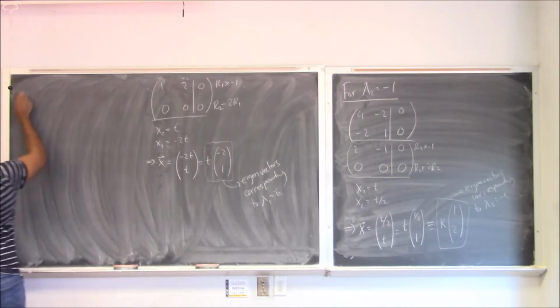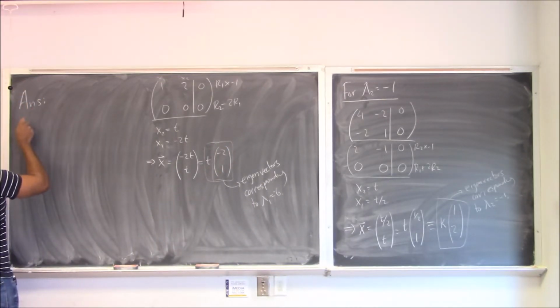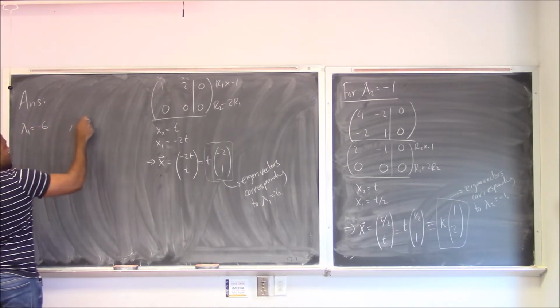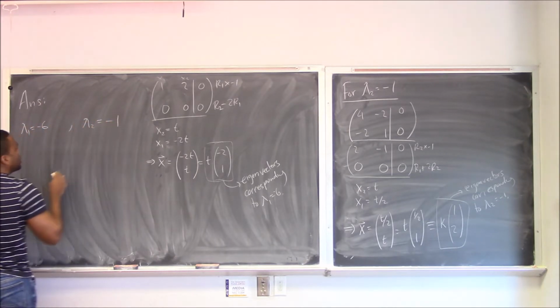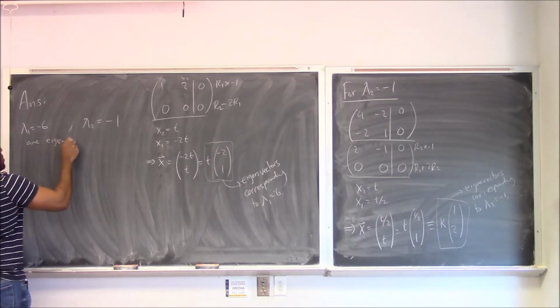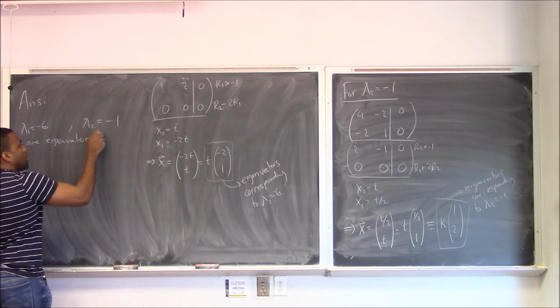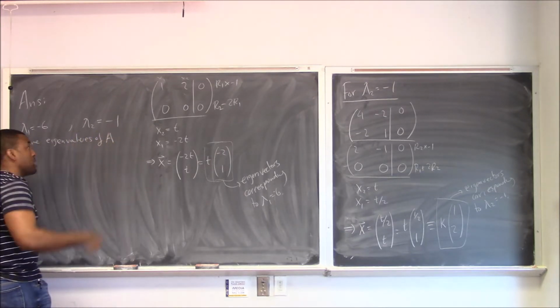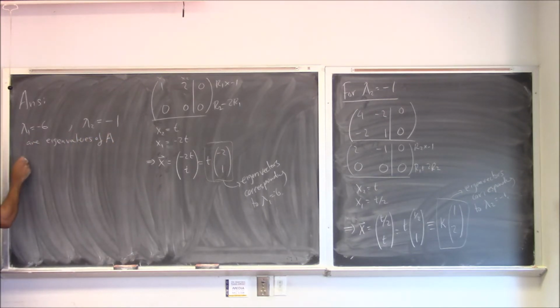So I'll just write the answer here as a summary. We have lambda 1 equals minus 6 and lambda 2 equals minus 1 as eigenvalues of A, the specific A that I mentioned at the beginning of this problem. Lambda 1 vector is an unofficial notation, but it helps me keep track of who corresponds to who.